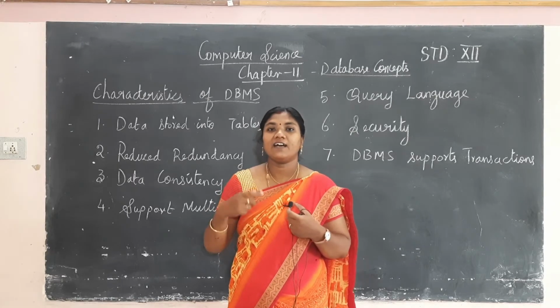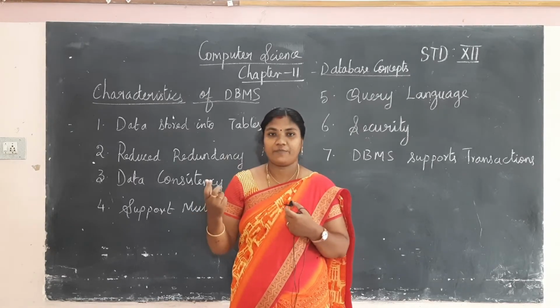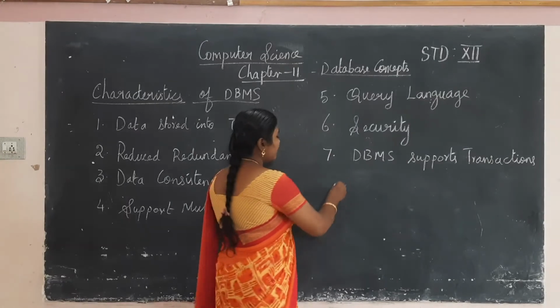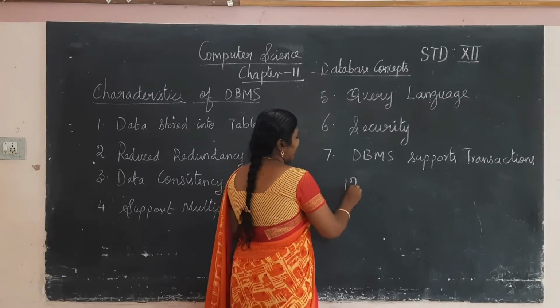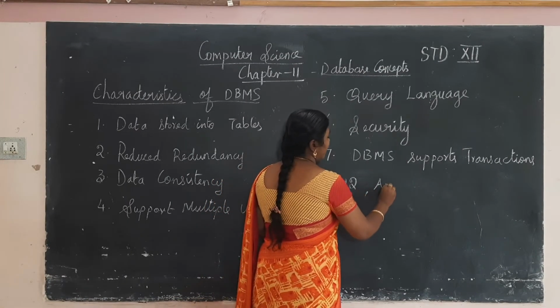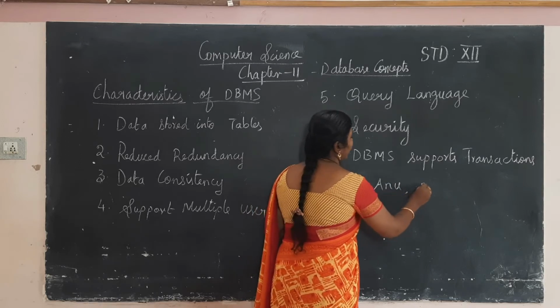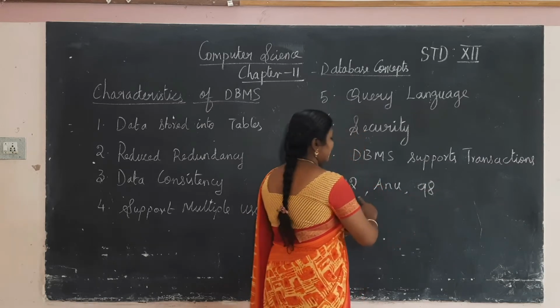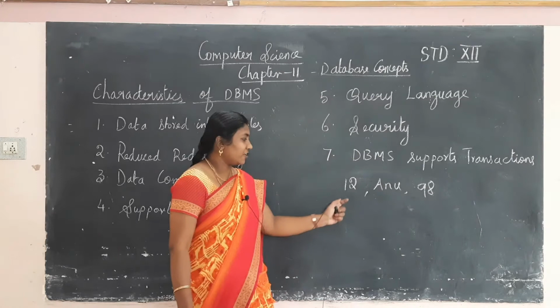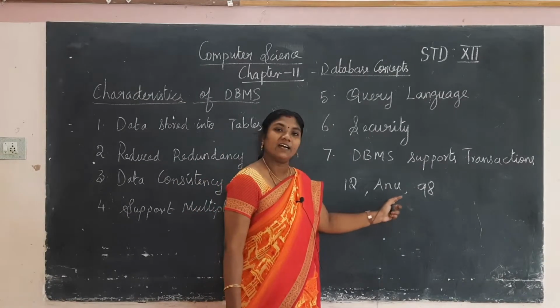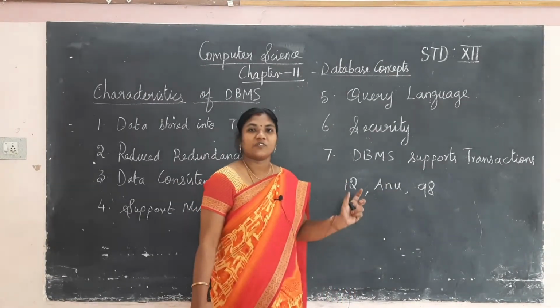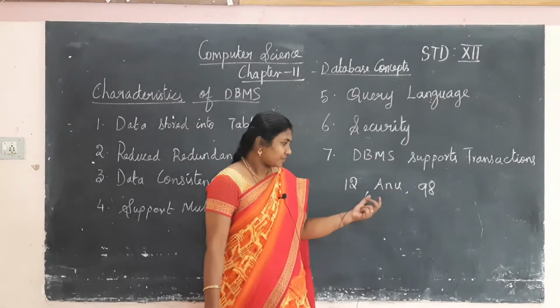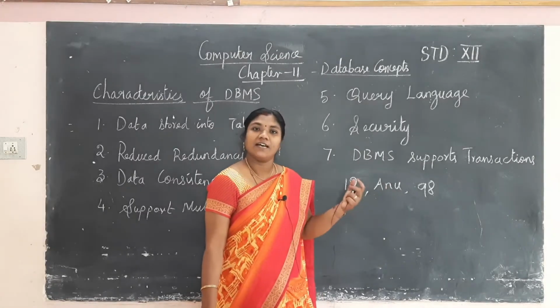When data gets combined, it forms information. So 11 or 12 is a data, Anu is a data, 98 is a data. These three are separate data: a numerical data, a string data, and also a numeric data. Separately they represent raw data.